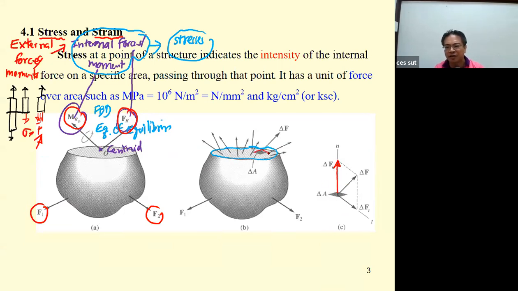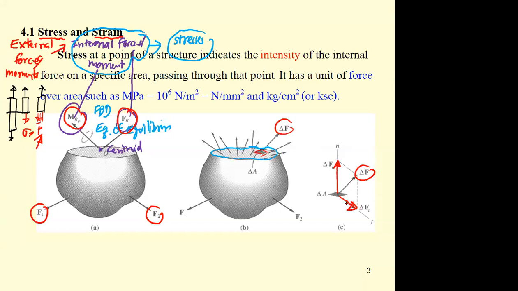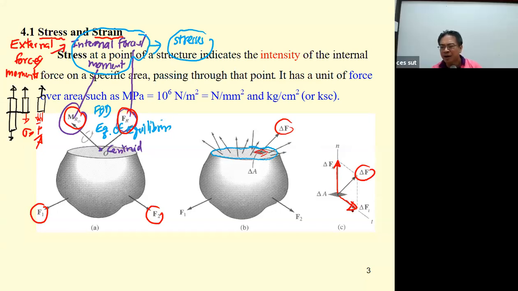If you consider a small section here, we will have the resultant force delta F, and this delta F can be projected into one perpendicular to the section and another parallel to the section. The one parallel to the section we call the shear force, and the one perpendicular to it we call the normal force.